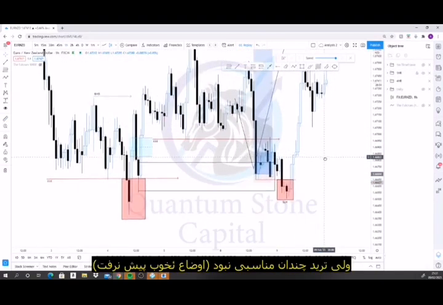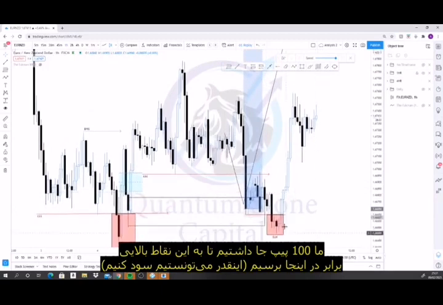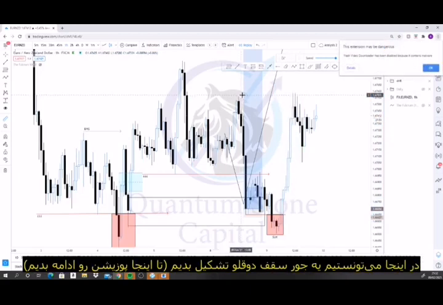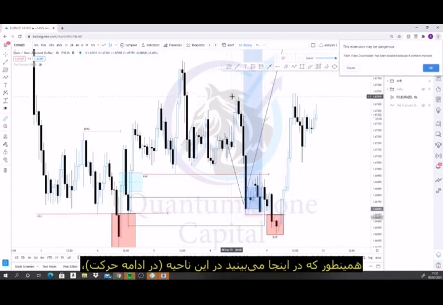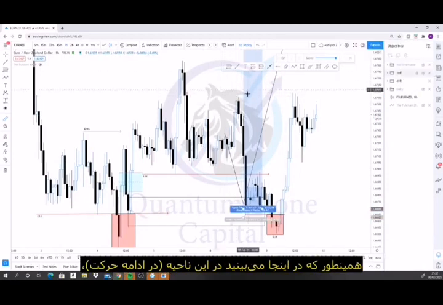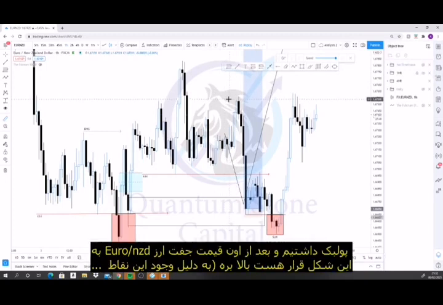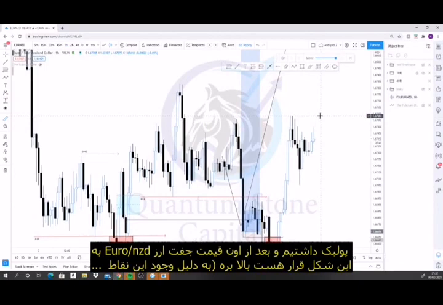But yeah, it was an unfortunate trade in the sense that, let's see how many pips from here to here, we just had that 100 pip mark and took out these relative equal highs, well, we formed relative equal highs, but we took out this engineered swing high, and yeah, had that small retracement now, and it looks like we are going to go higher on Euro NZD because of these relative equal highs here.